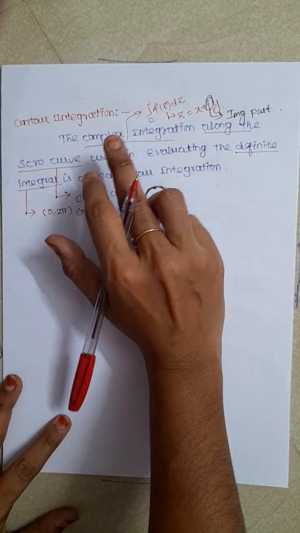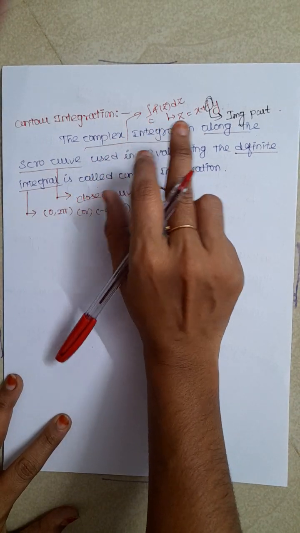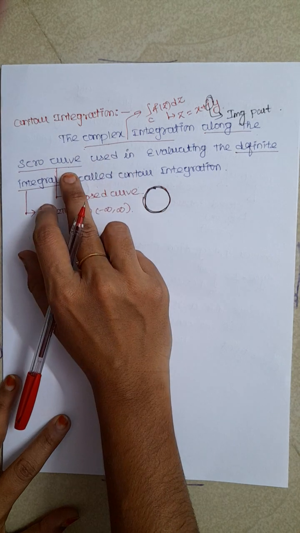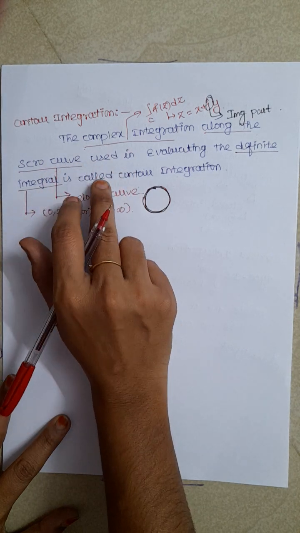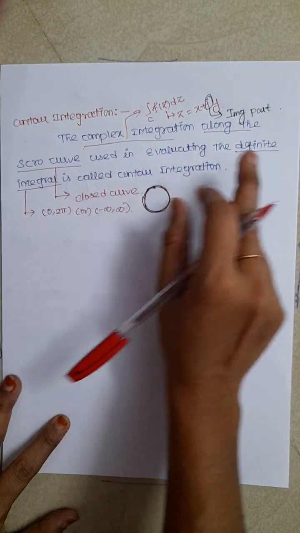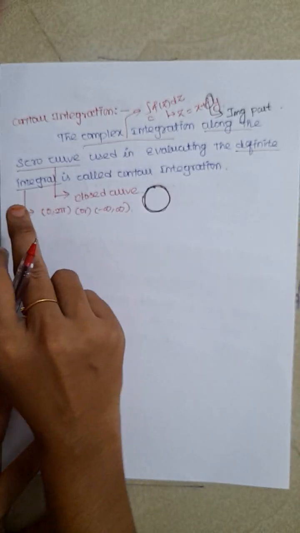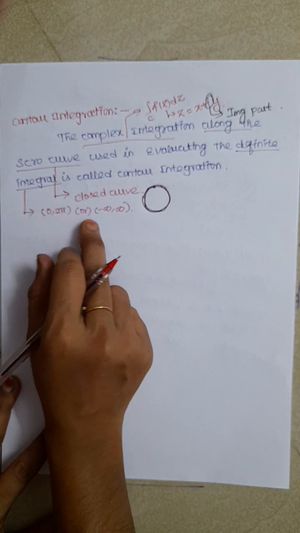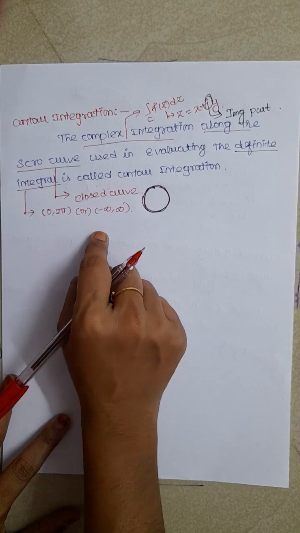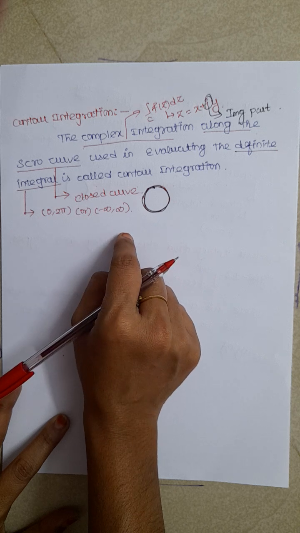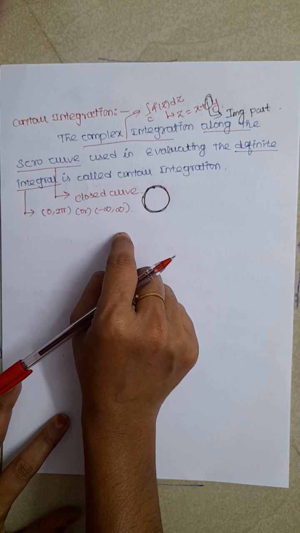First, the integral is a complex integral. Second, the curve is completely closed. Third, the integral is over a closed interval, 0 to 2 pi or minus infinity to plus infinity.